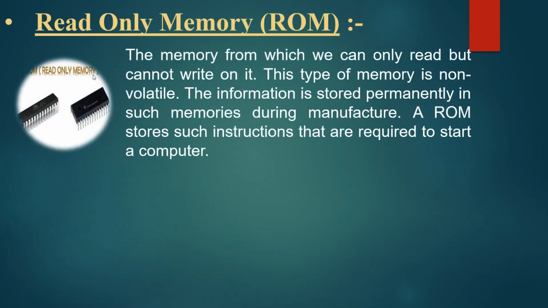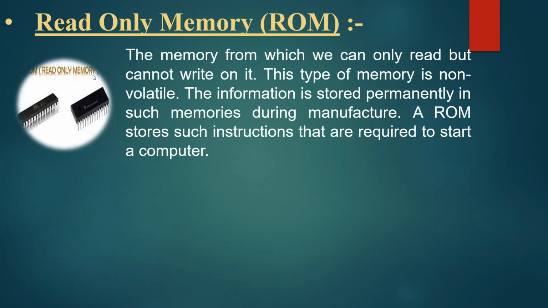Let's move towards ROM, the memory from which we can only read but cannot write on it. This type of memory is non-volatile. The information is stored permanently in such memories during manufacture. A ROM stores such instructions that are required to start a computer.